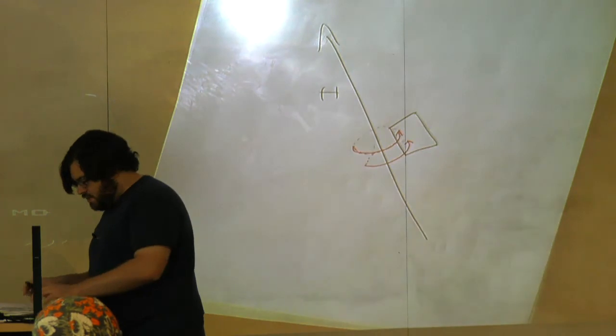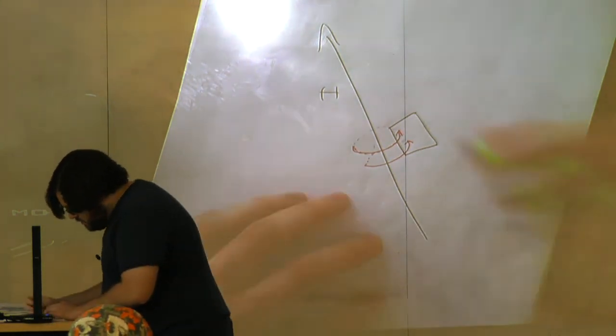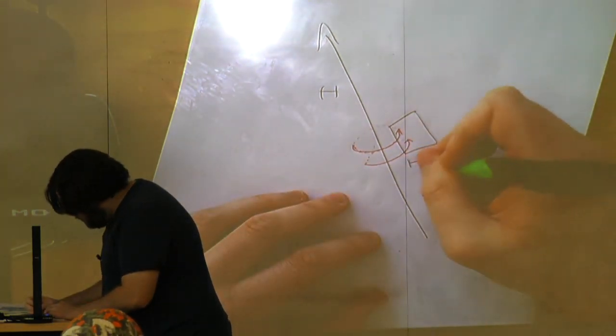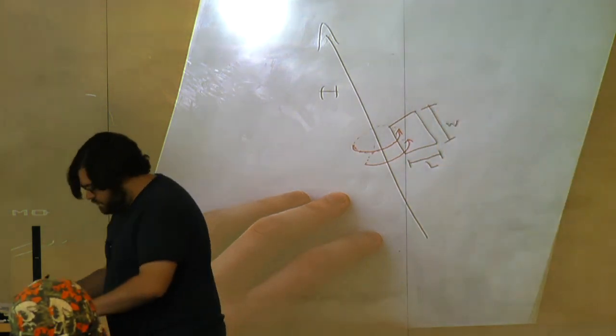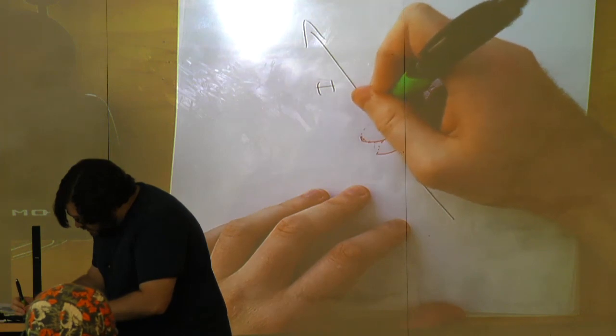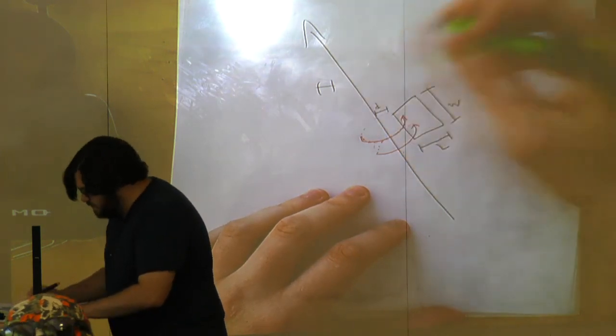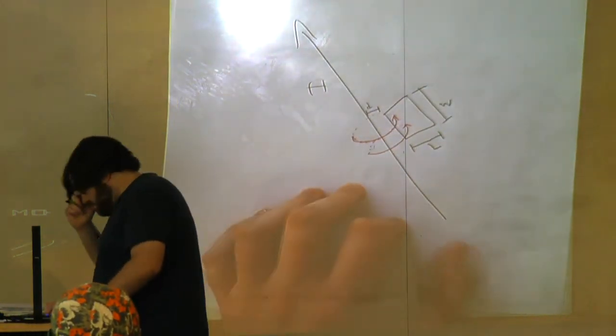So we're going to add up all that field. We have a width and a length, and we have this distance right here. It's going to be D.